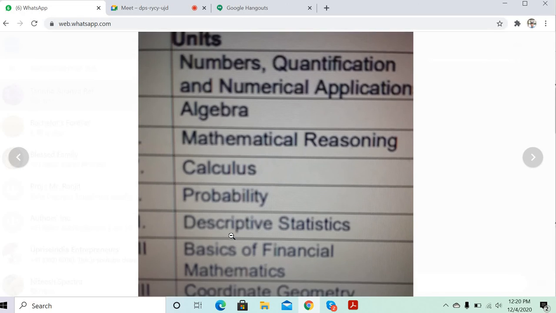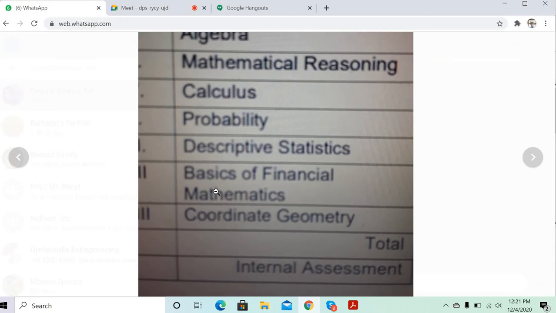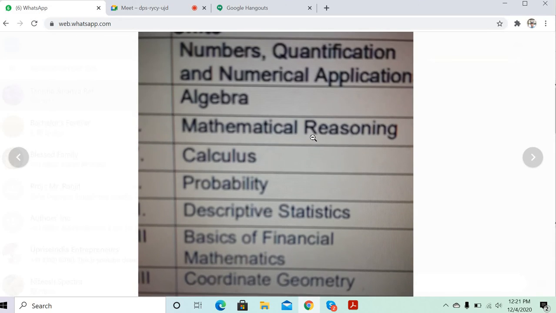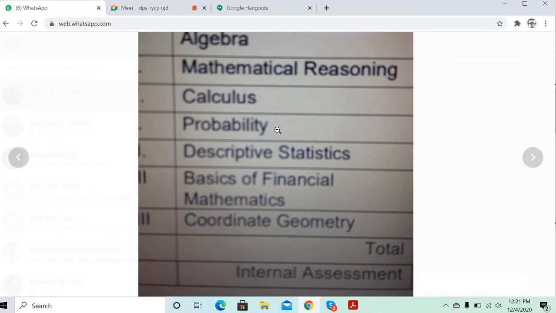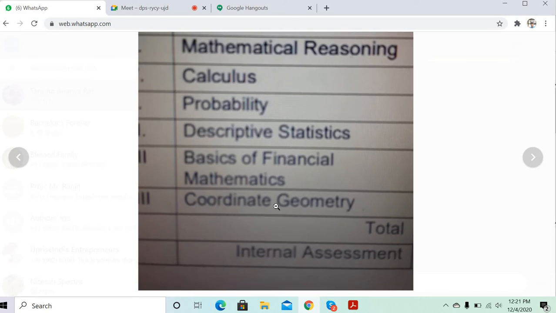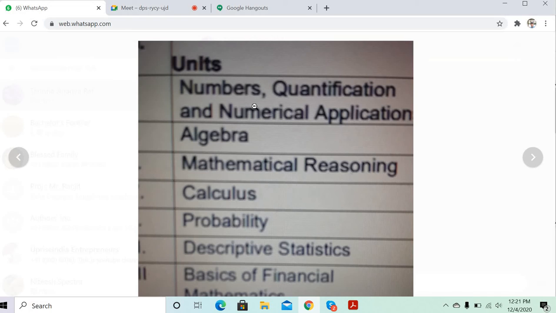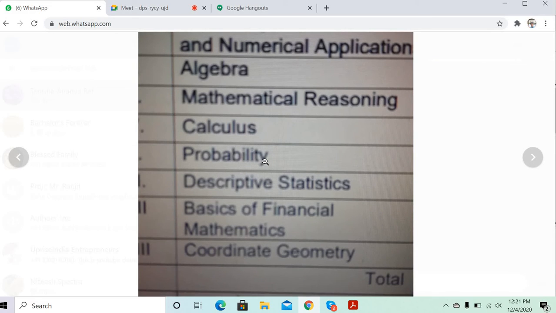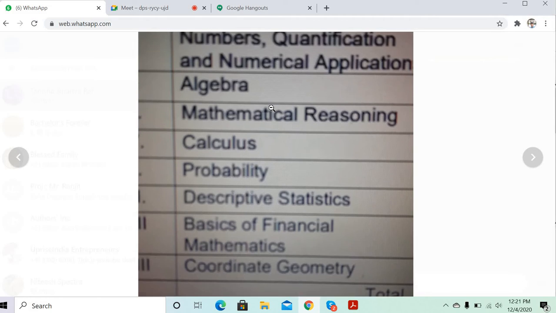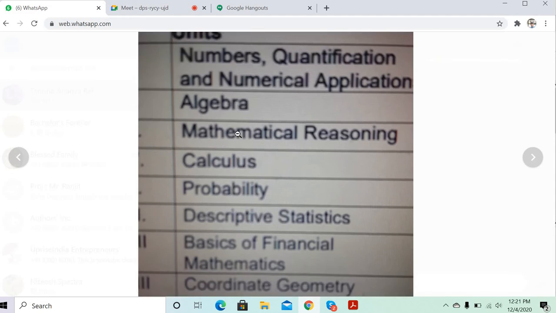I remember there are still some more chapters in that, because the other commerce students from the NPS also have applied maths, and they have a bigger chapter list. Got it? So I'll just confirm it. You also confirm from there, because it looks very small. The number of chapters is very small. Okay, no problem.